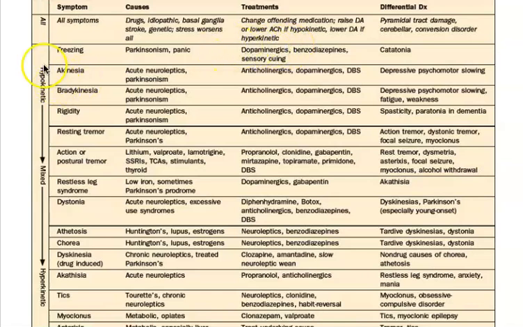So when we look at these hypokinetic ones with the freezing, akinesia, which just means no movement, bradykinesia, which means slow movement, and rigidity, things like not being able to move because of stiffness. The treatments for those are going to be anticholinergic, things that prevent the signaling of acetylcholine, dopaminergic, which increases the signaling of dopamine, and this DBS here stands for deep brain stimulation.